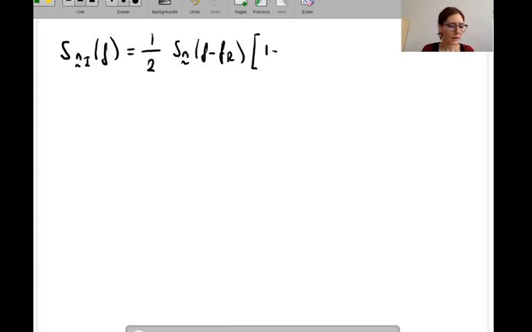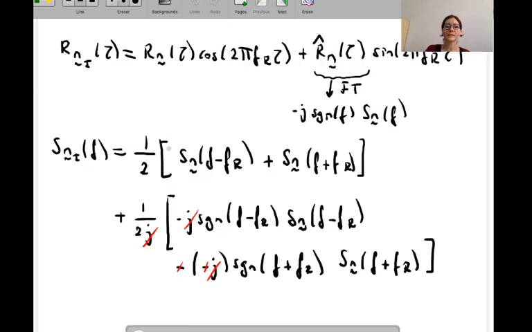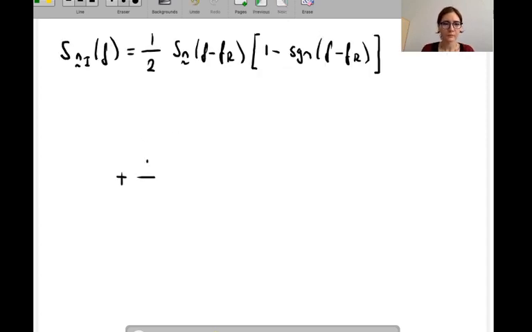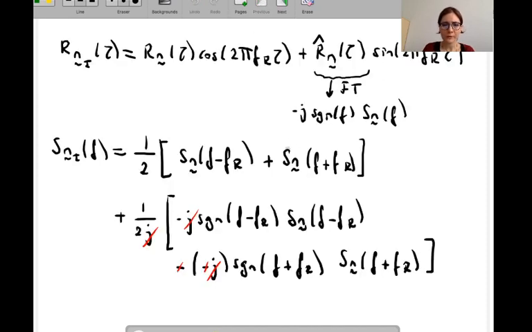So 1 minus signum f minus fr. I will leave some space here, and let's write the next term, the Sn f plus fr term. So again, start with 1 over 2 Sn f plus fr. And then here we have a 1 factor, and then here we have a signum f plus fr factor.